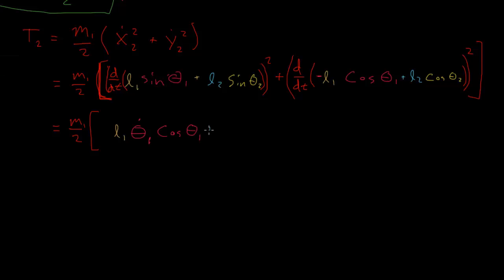And then we'll have this term here, and we'll also get a theta 2 dot out here from the chain rule, theta 2 dot, and then this will be another cosine, but of theta 2. And we're squaring all of this.